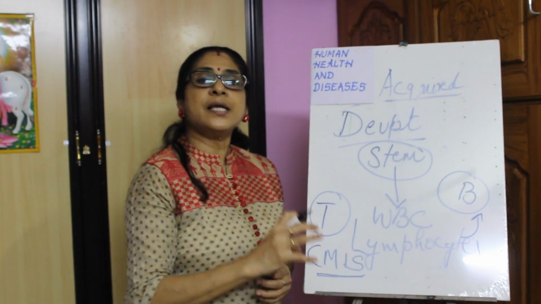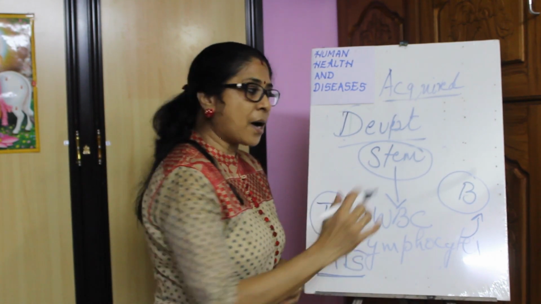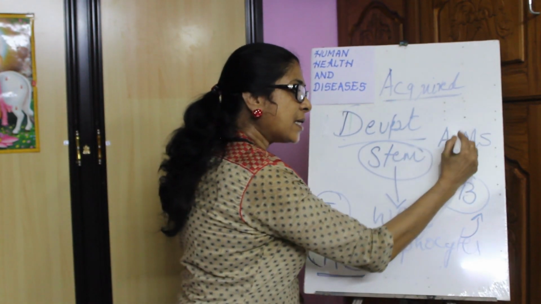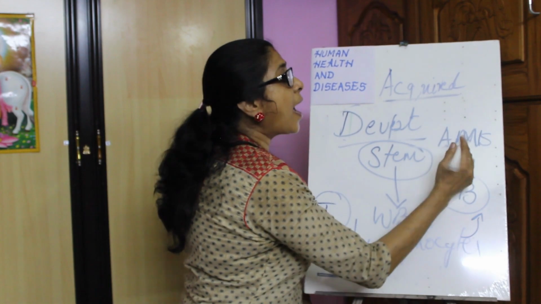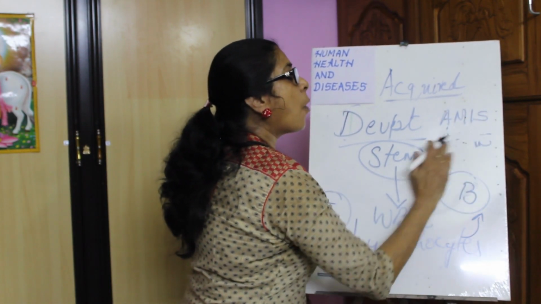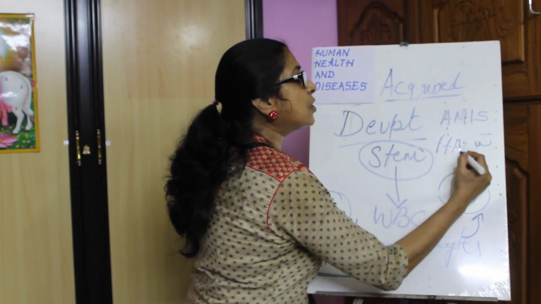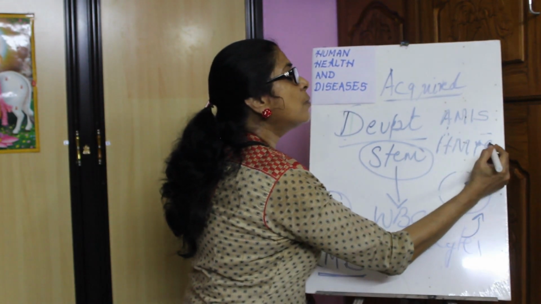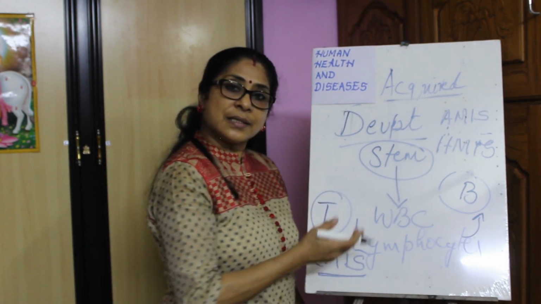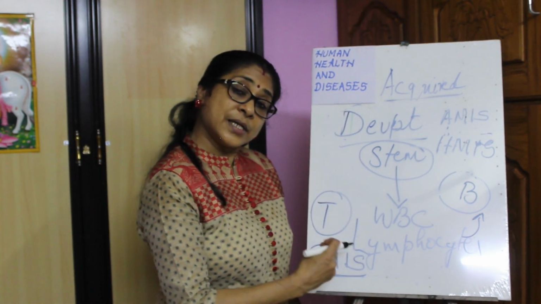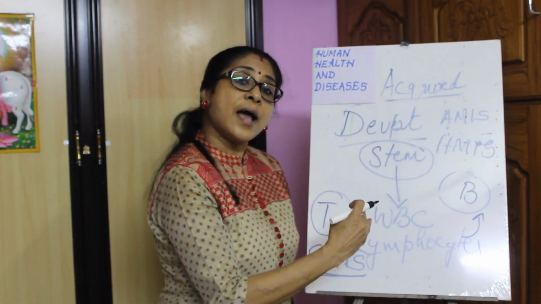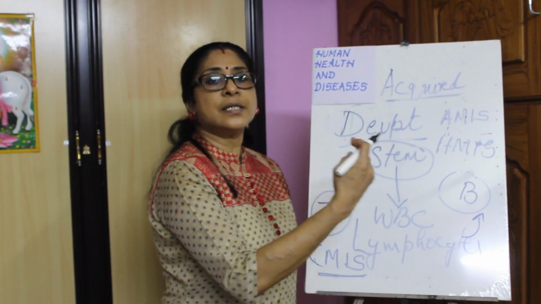Now these B lymphocytes impart what is known as the antibody mediated immune system, also called the HMIS, the humoral mediated immune system. So T cells are responsible for the cell mediated immune system and the B cells are responsible for the antibody mediated immune system.